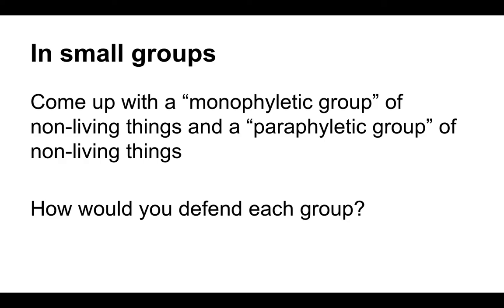But anyway, a paraphyletic group could be something like, let's see, maybe desserts. Like desserts, we all group together because we eat them after a meal or they have sugar in them. But cake probably has more in common with bread than it does with ice cream.